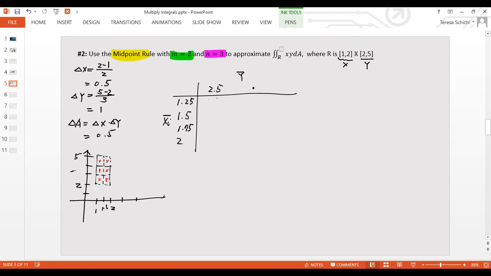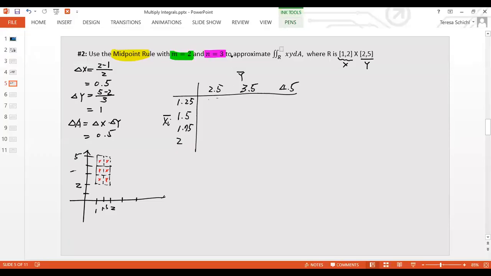Y is from 2 to 5, so I'm going to have 3 areas, right? So it's 2.5, 3.5, and 4.5 here. All right. Did I get that one correct here? Let me take a look. Okay, yes, I think I got it right.